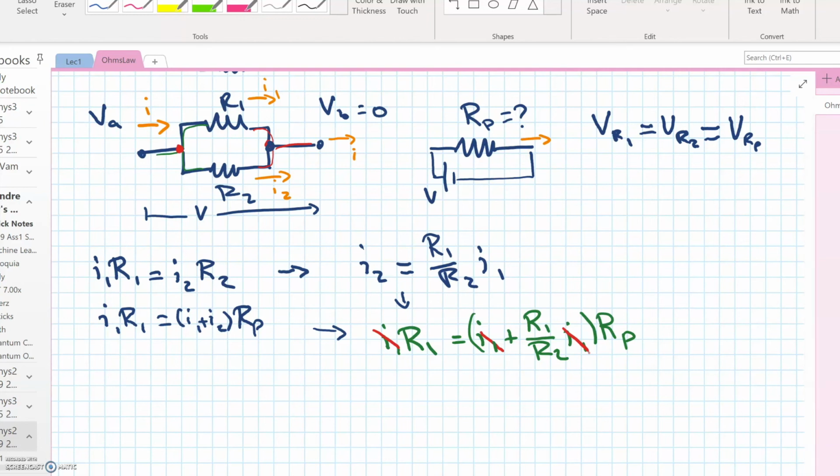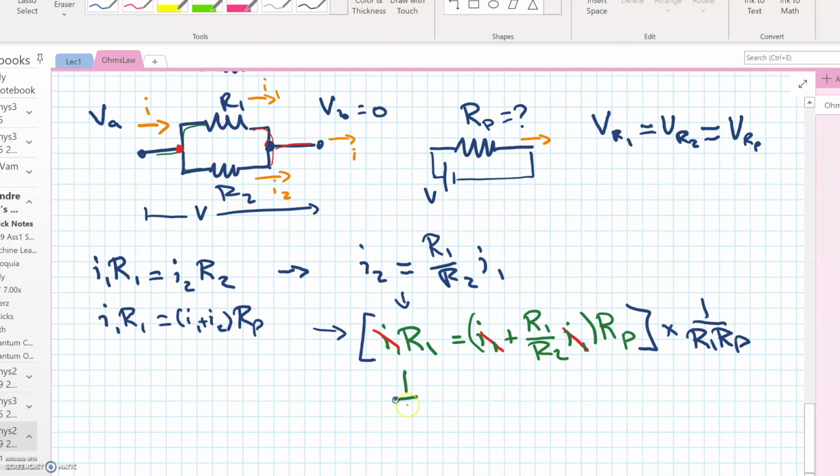And let's apply a bit of foresight here. One of those magical things that people who teach do when they know the answer ahead of time and know what they're supposed to get. We'll do one of those now. We'll multiply both sides by R1 times RP. I think that'll get us what we want.